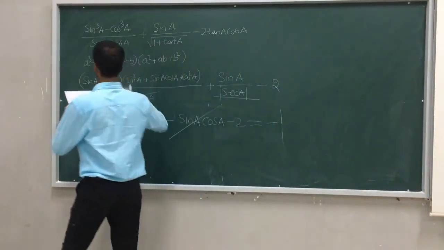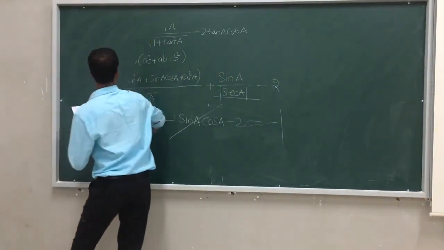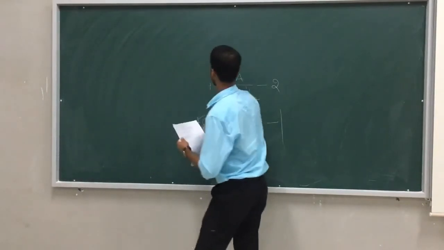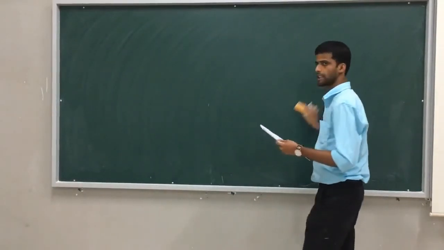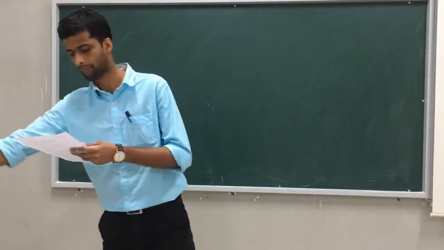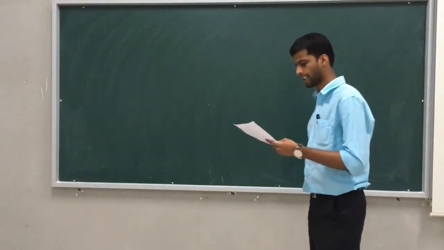Now we will discuss another question. Like this we can easily manage all questions in a systematic way so that you will understand every step. So we will move on to the next question.